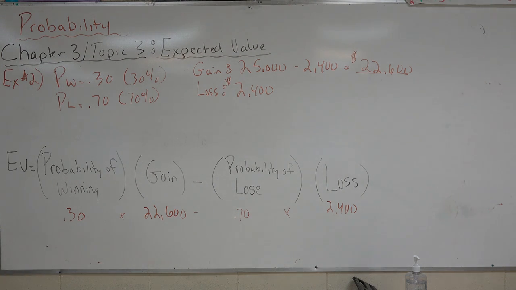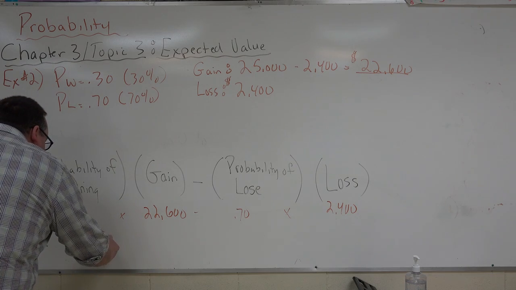So what we do is we get our calculator and we go, okay, well, we got 0.30 times 22,600. Now on my key, I didn't show that step, but I'm going to show it on the board. We're going to take our calculator and go 0.30 times 22,600.